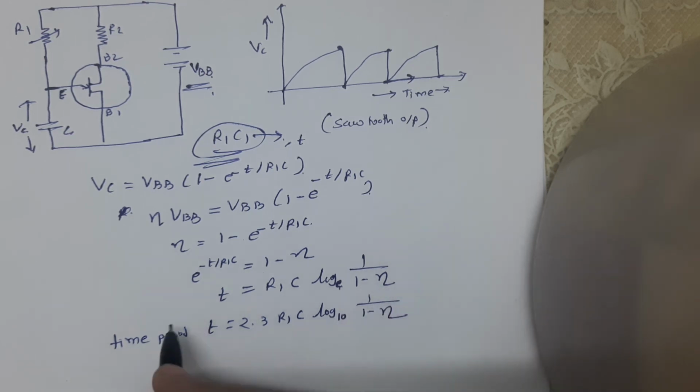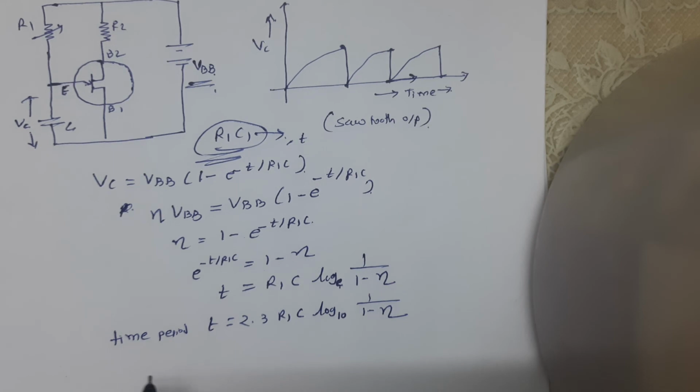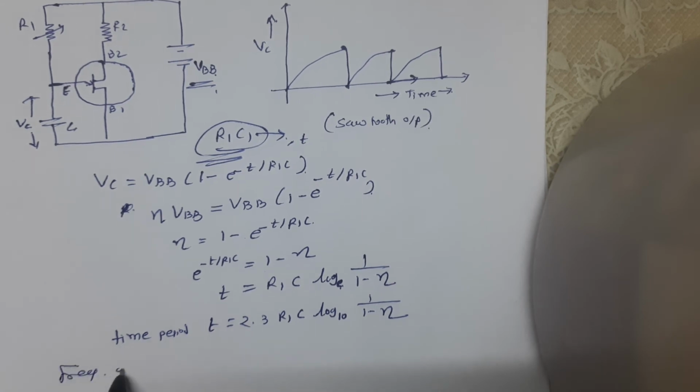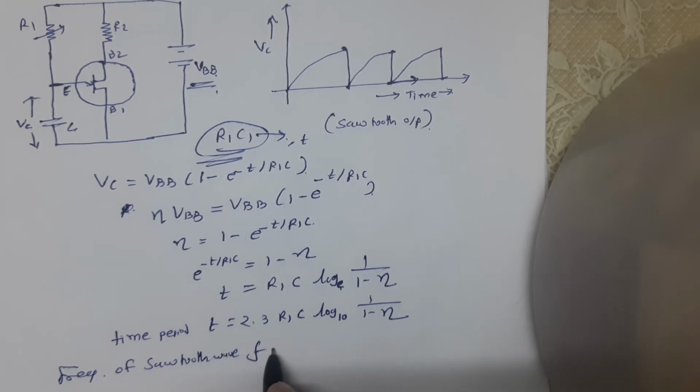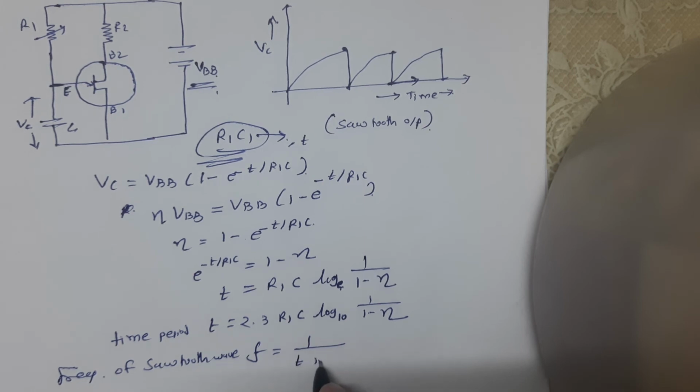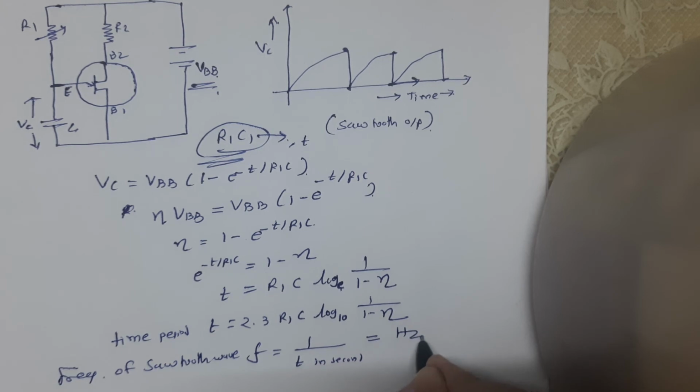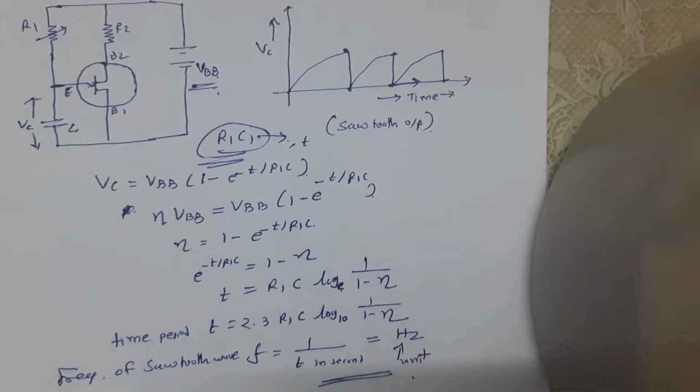So the frequency of the sawtooth wave, F, is equal to 1 upon T in seconds, and it is in hertz. In this way we find out the frequency of the sawtooth wave.